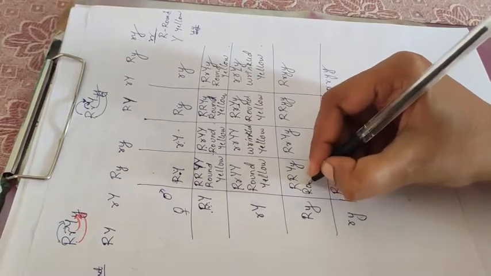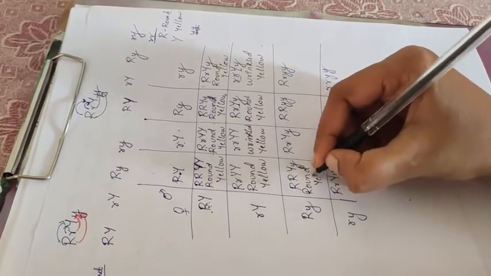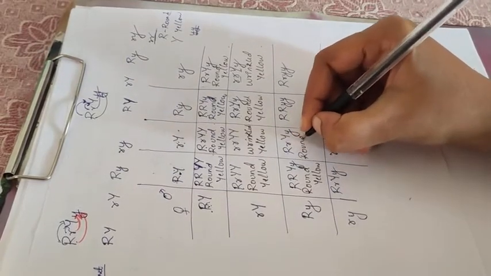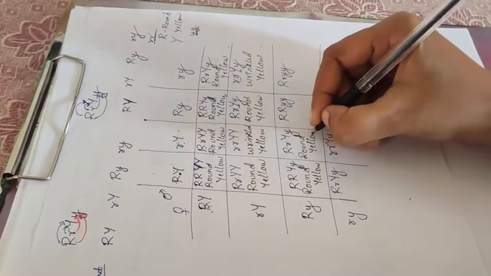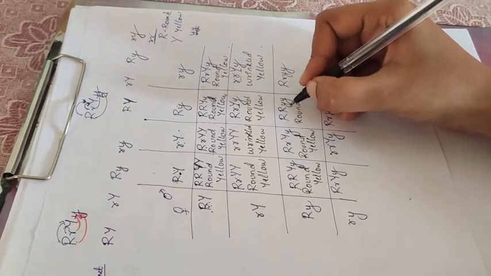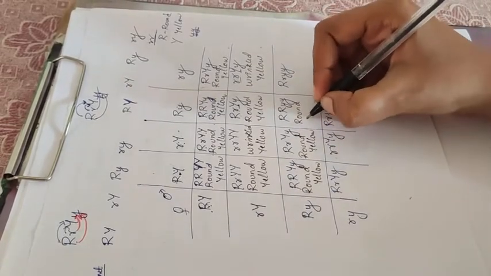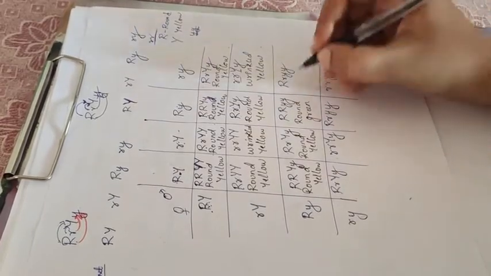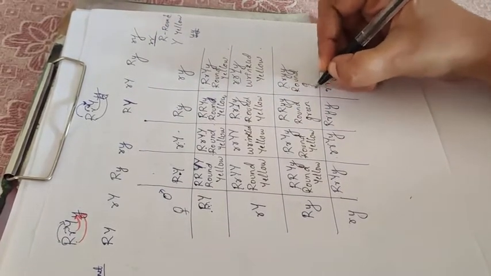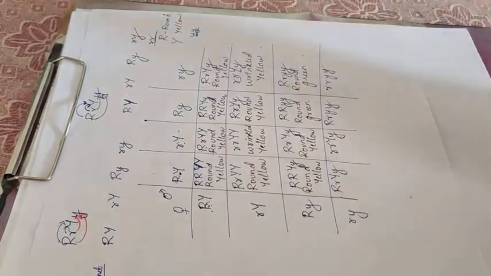Here it is again round, yellow. Here it is round, yellow. Round, but no yellow because it's a small y, therefore it should be round, but they are green. Here it is round, but again it is green.